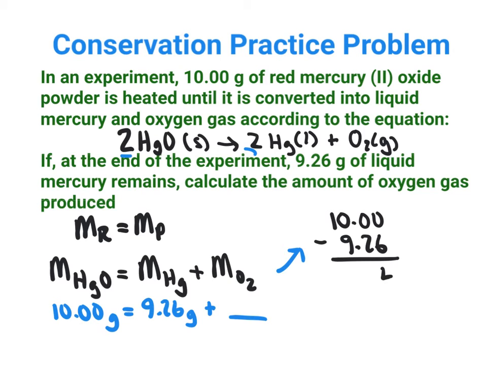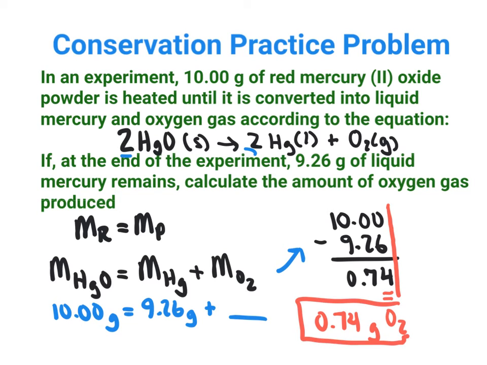When I solve it out, that's a 4, that becomes a 7, that becomes a 0. The last thing I do is check for sig figs. These both go to the hundredths place, so this should go to the hundredths place, and therefore my answer is 0.74 grams of oxygen gas. These are really simple problems as long as you remember the sig fig rule for subtraction.